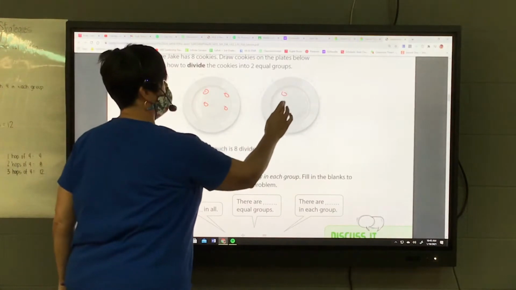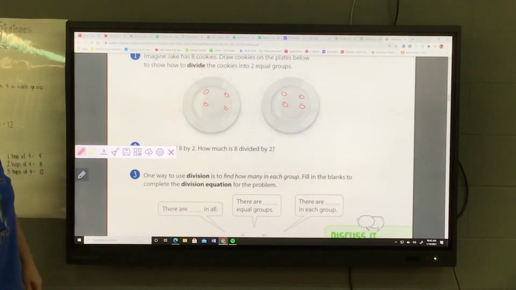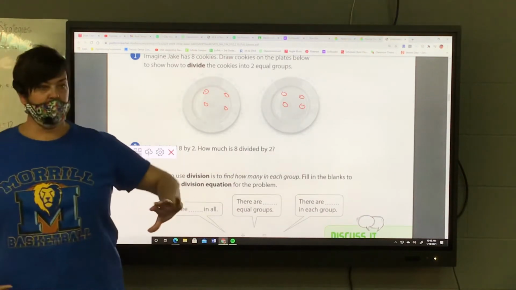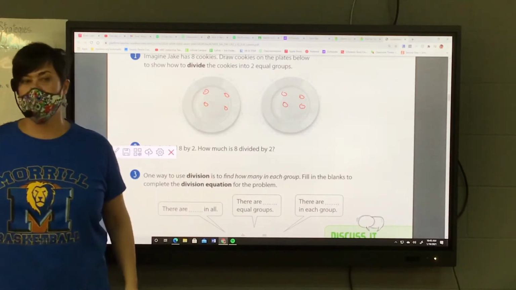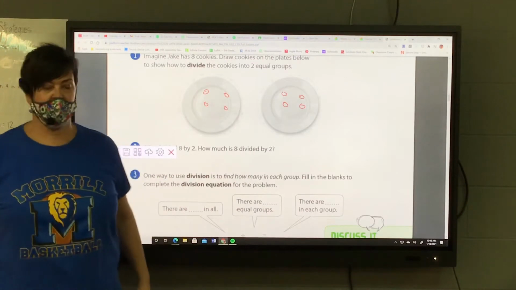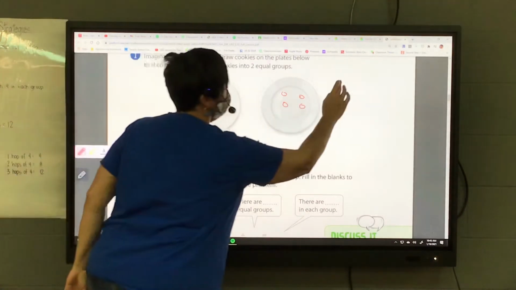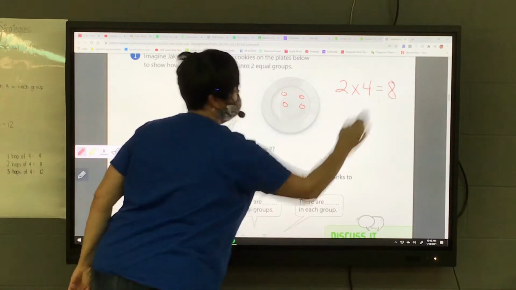Also 4. Okay. So we know that if we have 2 plates and there are 4 cookies on each plate, how many do we have all together? 8. Because we've been talking about multiplication, right? That's what that would look like.